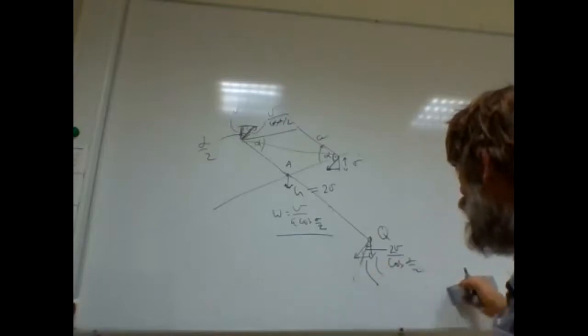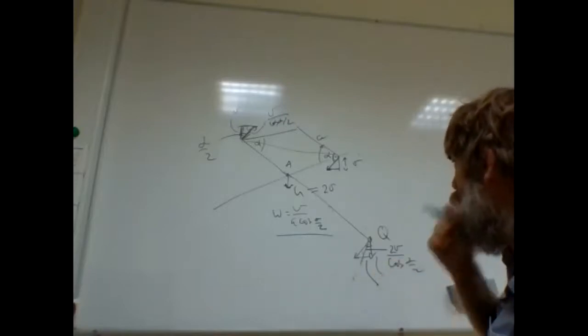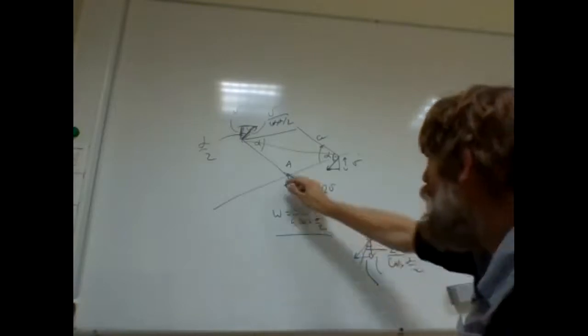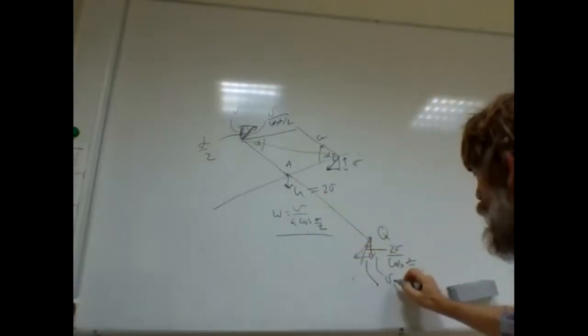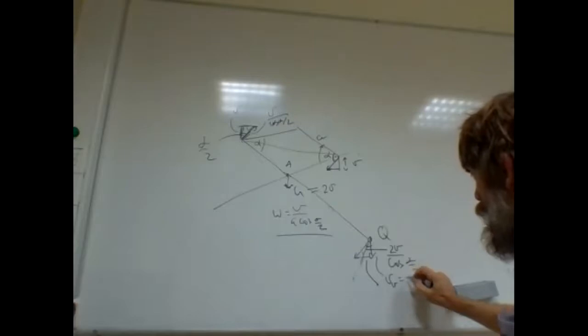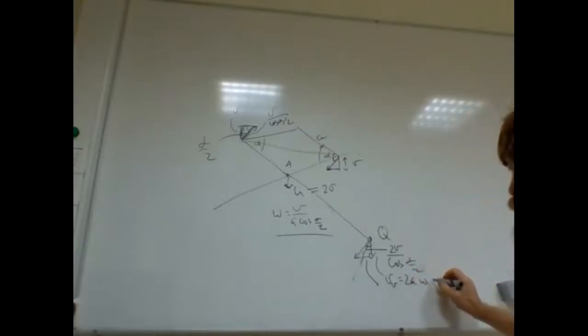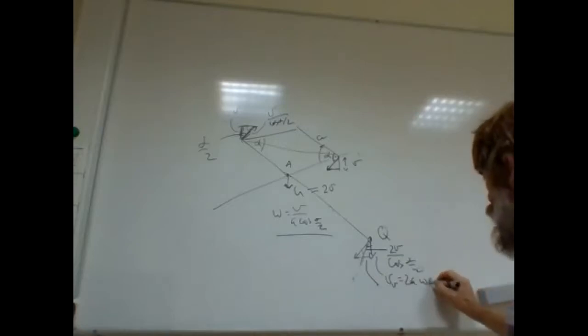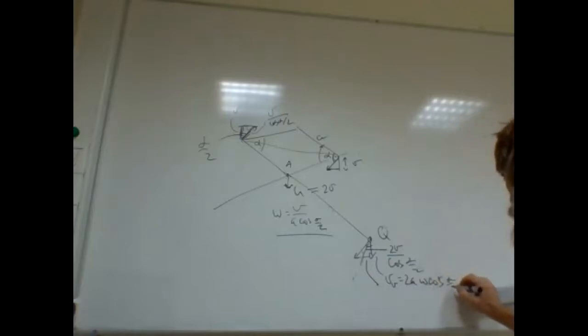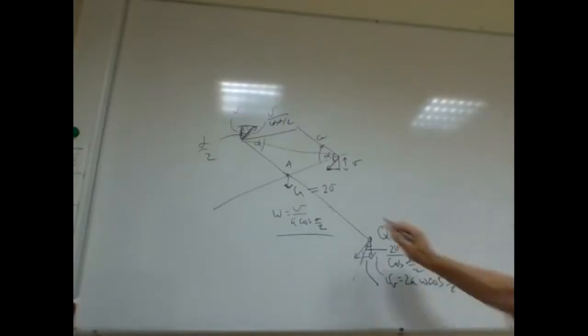Okay, let us say that here in this frame, the vertical speed v vertical is equal to 2a omega, equals 2a omega cosine alpha over 2, equals 2v.